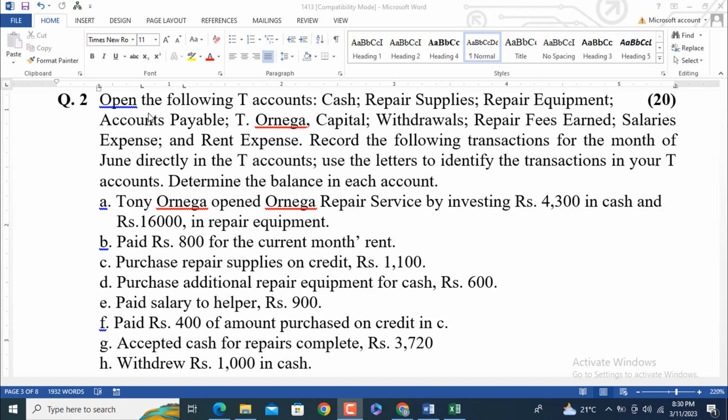So here is the question. Open the following T accounts: cash, repair supplies, repair equipment, accounts payable, Ornega capital, withdrawals, repairs fees earned, salaries expense, and rent expense. Record the following transactions for the month of June directly in the T accounts. Use letters to identify the transactions in your T accounts.